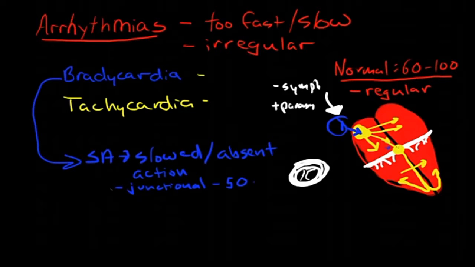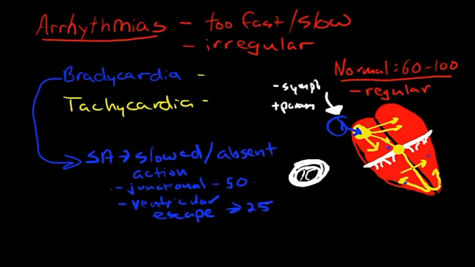If both the SA node and the AV node are not working as a pacemaker, then the pacemaker cells in the ventricle or the Purkinje fibers will take over, and then we'll have a very slow ventricular escape rhythm, and the heart rate is usually around 25, which is just barely enough to sustain life for a patient at rest.